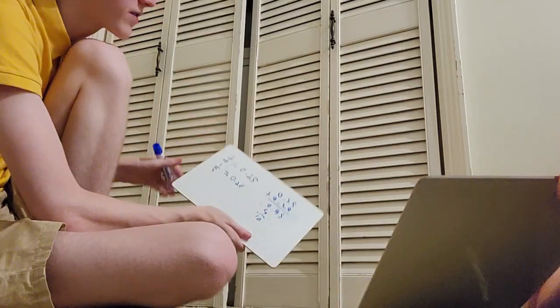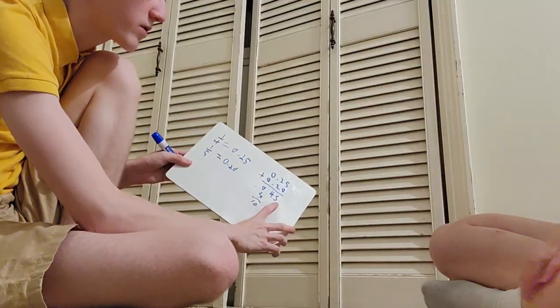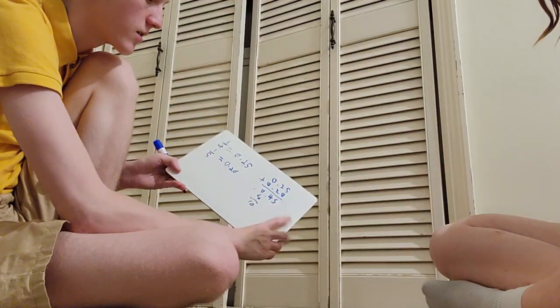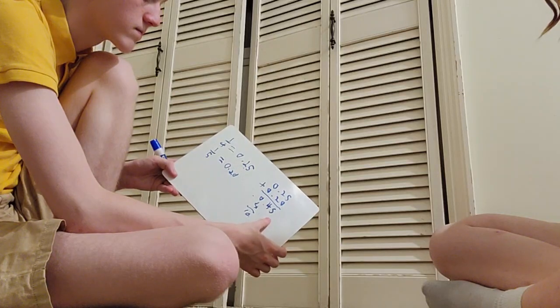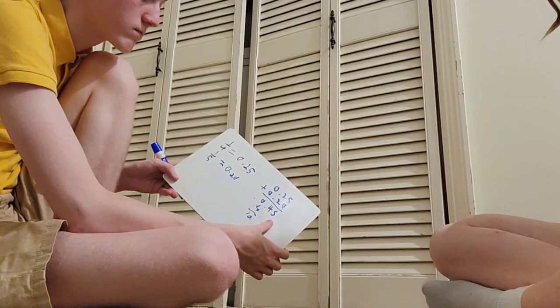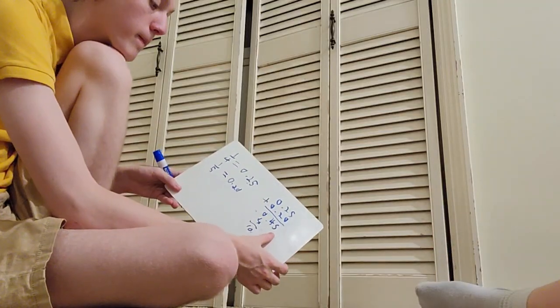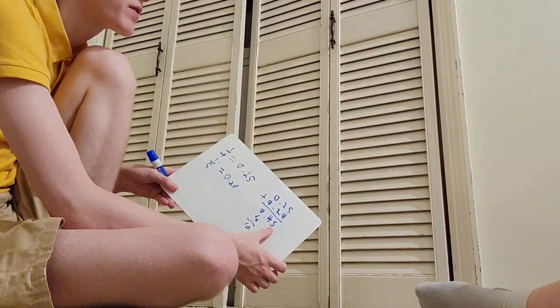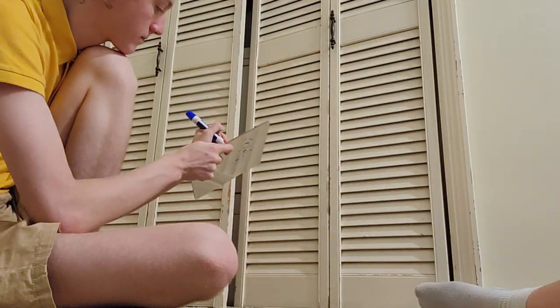What about this 5? What is that doing? Hundredths. Okay, so how do you write this as a fraction? Five over 10. But it's the hundredths place. So 5 over 100. Correct.